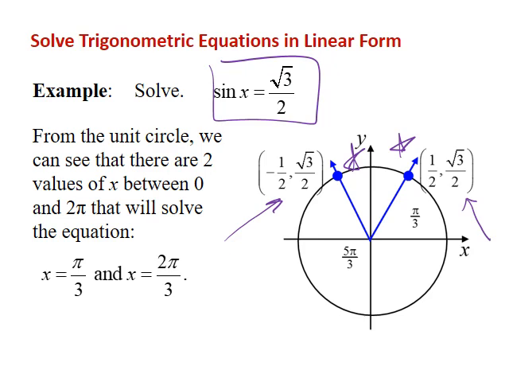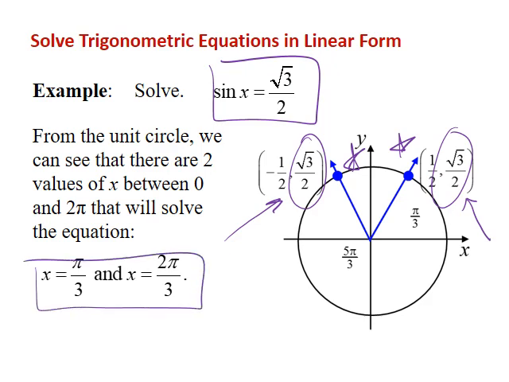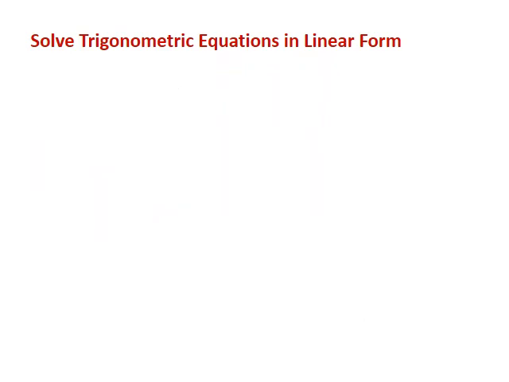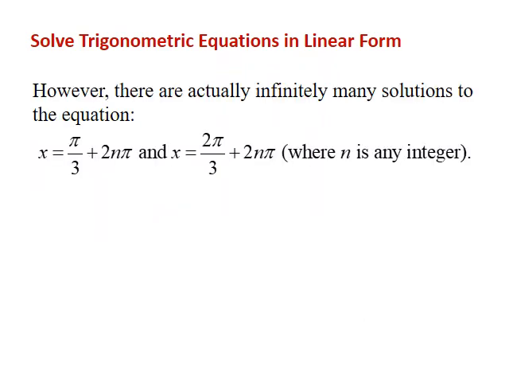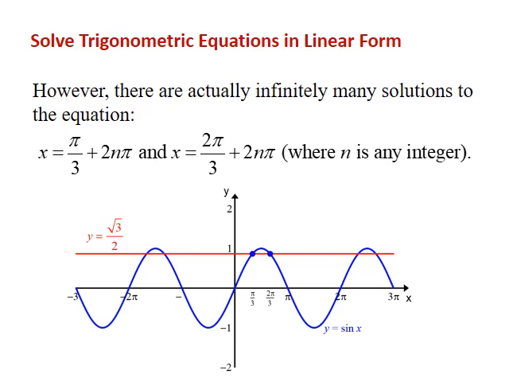So we could conclude that since sine is the y value, x is pi over 3 and 2 pi over 3. However, that's just one revolution of the unit circle. In fact, remember that sine extends forever and ever and ever.